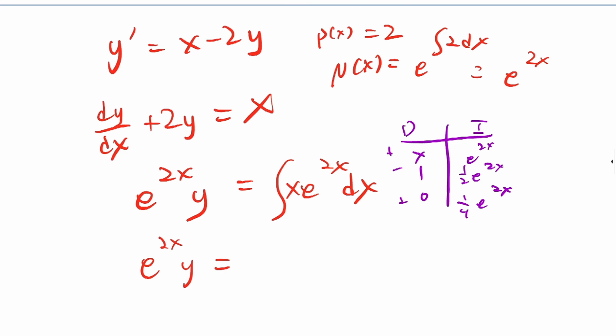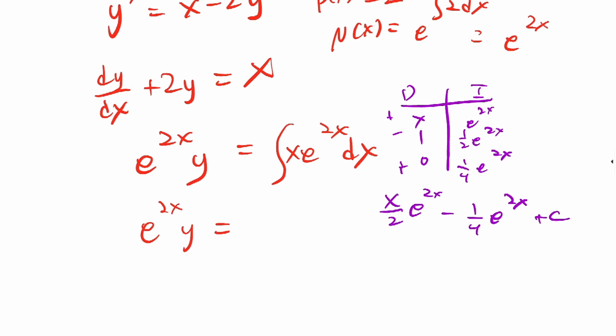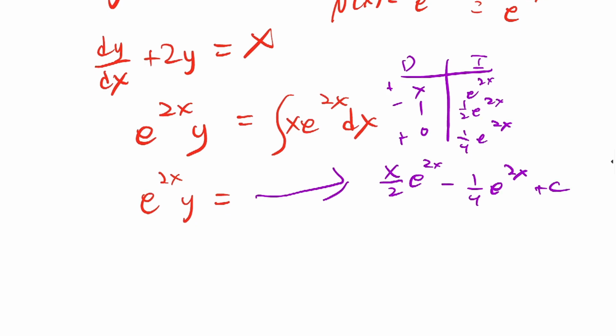Sorry guys, this right hand side is an integration by parts problem, so we're going to use the DI method here. We're going to differentiate x and integrate e to the 2x. So it's going to be x over 2 e to the 2x minus 1/4 e to the 2x, and that's it. So the plus c. So this is equal to that.